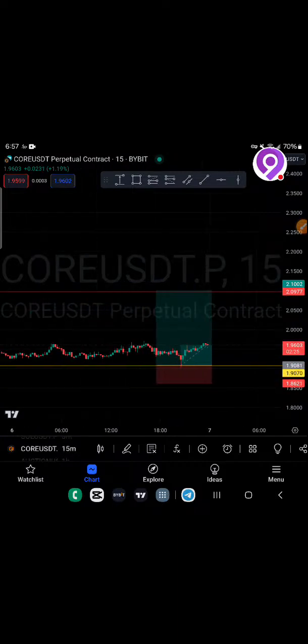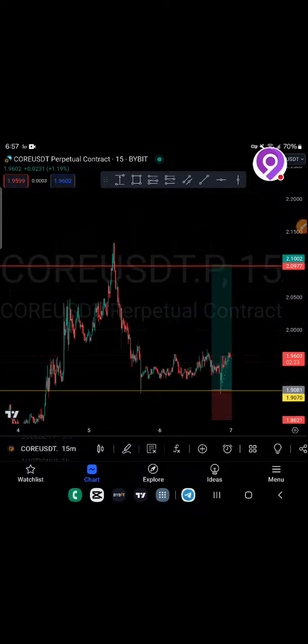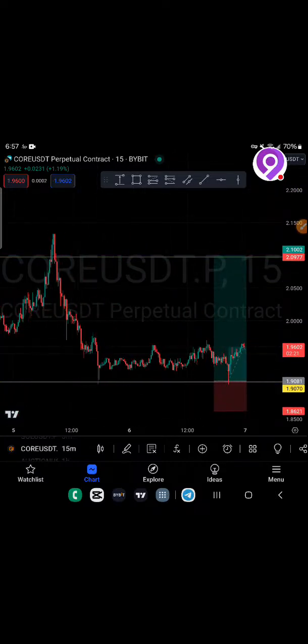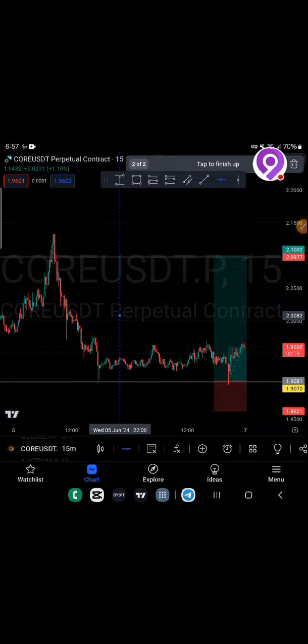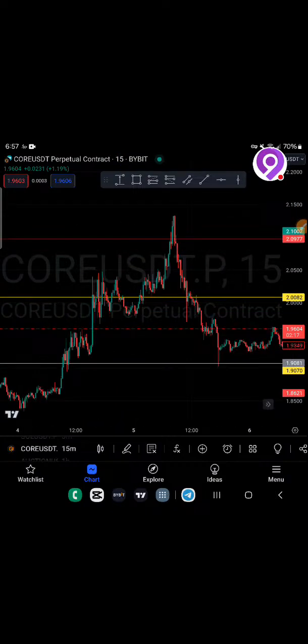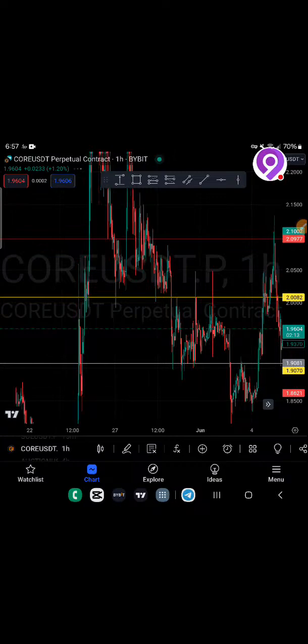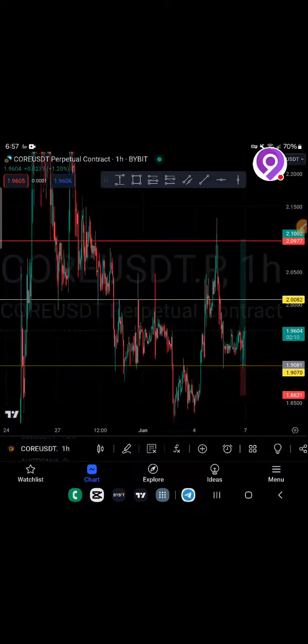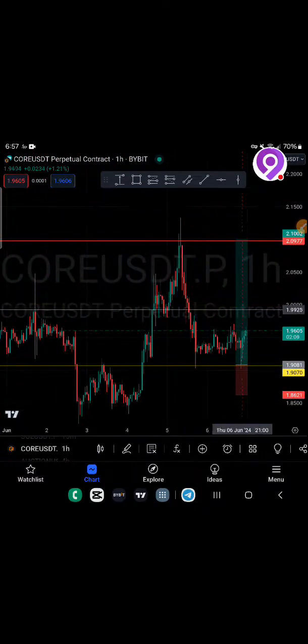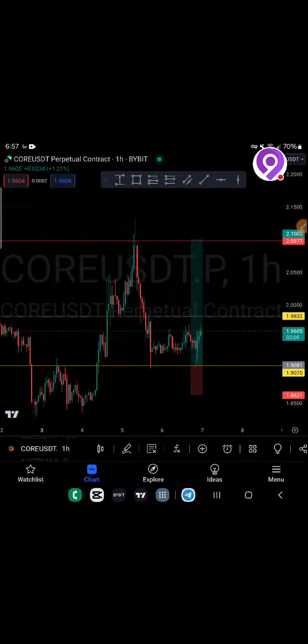It's on long, it's going up. It's going all the way to the top. So your TP1, that's take profit 1, will be around 1.9832.